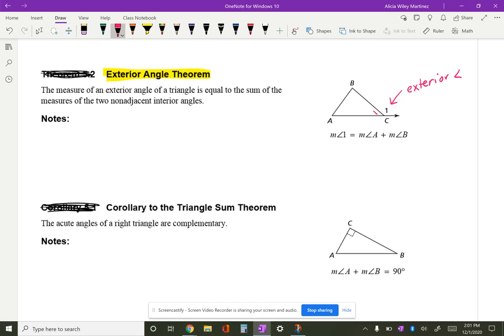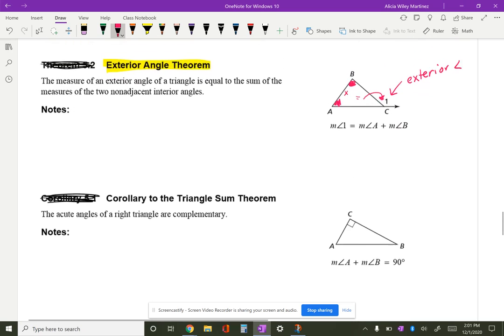So that means we don't want to include this one. That one is out. Angle C, that would be its adjacent angle, right? We want the non-adjacent angles. So we want this angle here, and we want this angle here. If you add these 2 angles together, they are going to equal the measure of this outside or exterior angle.